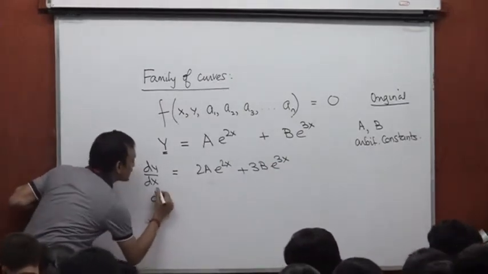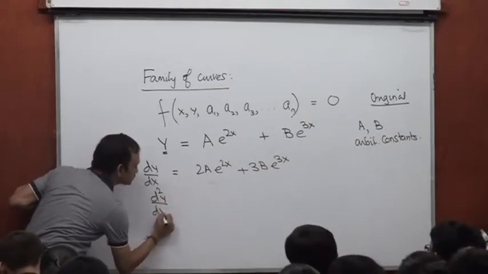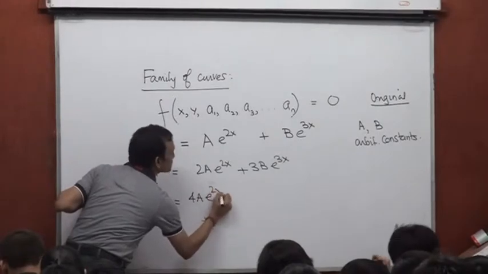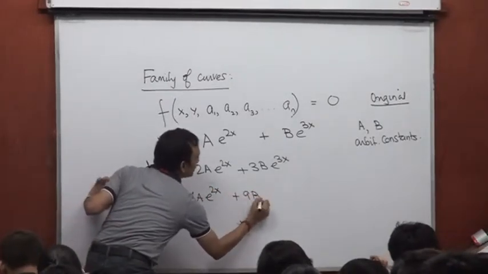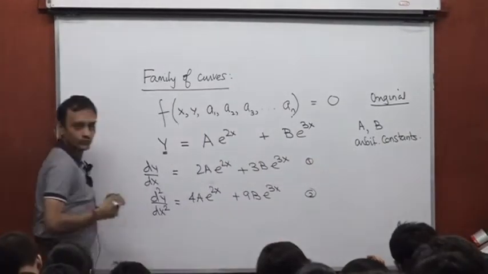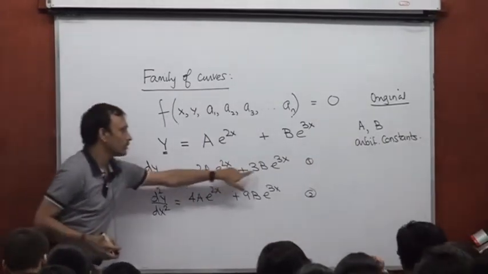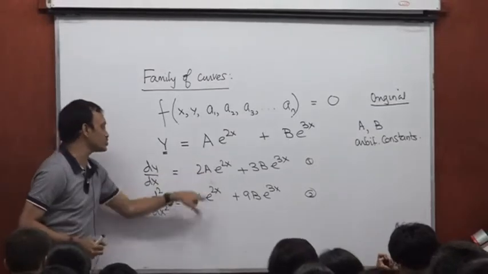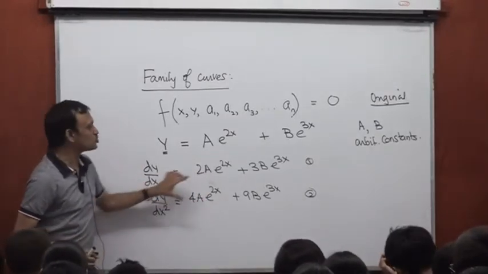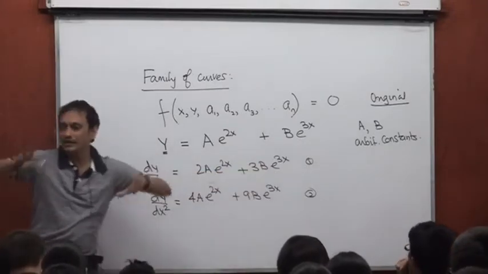When I differentiate a second time, I get d2y/dx2 equals 4a e power 2x plus 9b e power 3x. Now, from this simultaneous equation, you can solve for a and b in terms of dy/dx, d2y/dx2 and e power 2x and e power 3x, right?